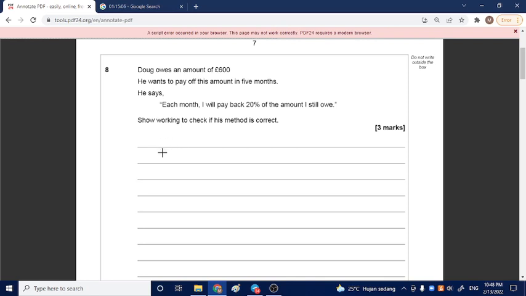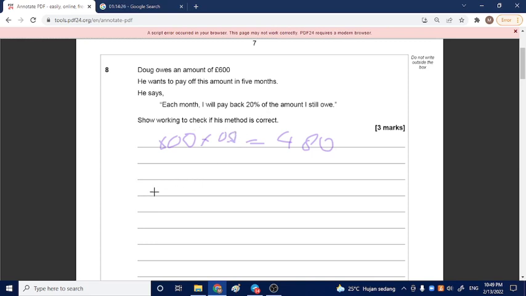So let's say we start from the first month. This is the first month, which would be 600 times 0.8, that would be 480. This is the remaining amount of money, because if he pays back 20%, that means he has 80% of what he owes left, right? So we multiply by 0.8.